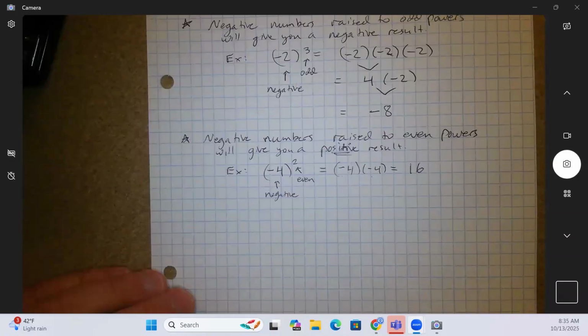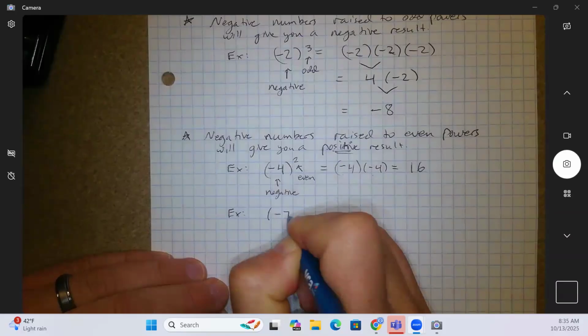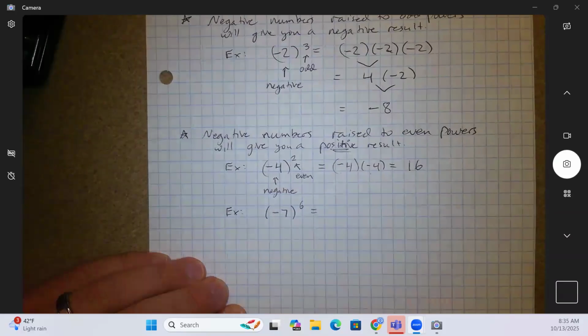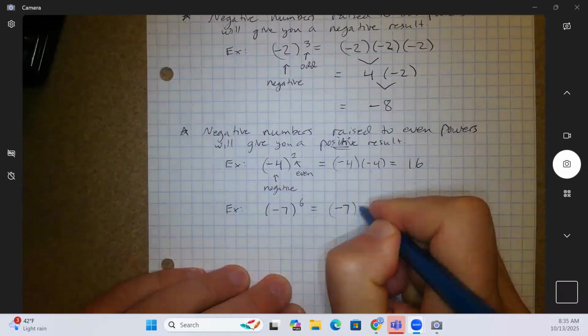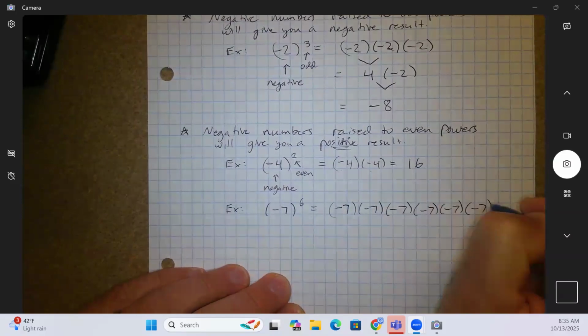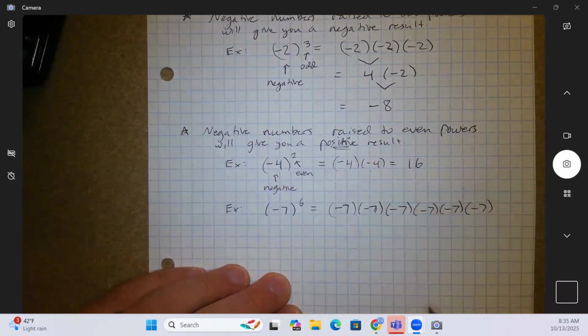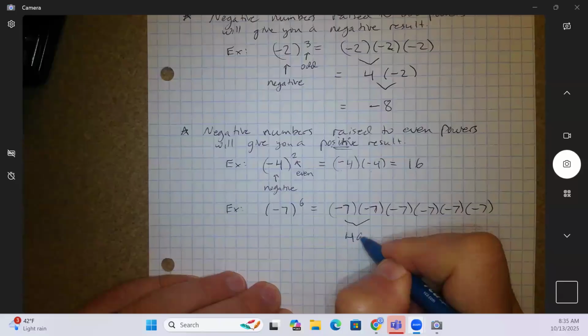Another example, we can do one a little bit longer. Let's look at -7 raised to the 6th power. And again, I'm going to write out what I have. And I can't do all of this in my head, but I know the first couple. -7 times -7 is positive 49.